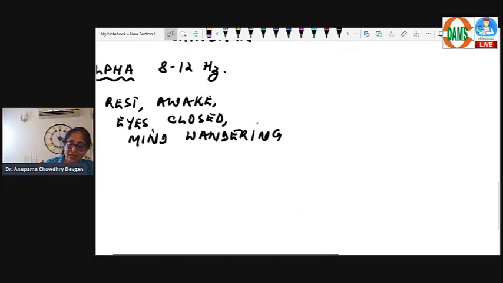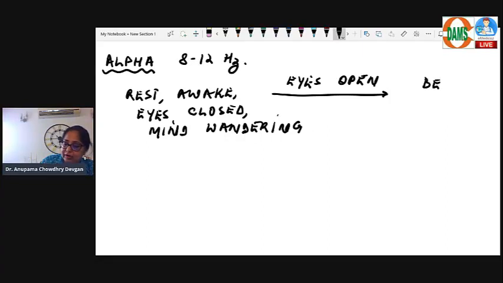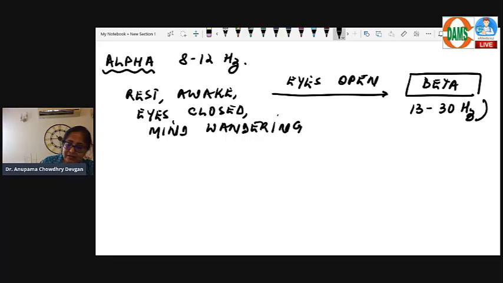The moment you open your eyes, alpha will be replaced by beta. These are 13 to 30 hertz.